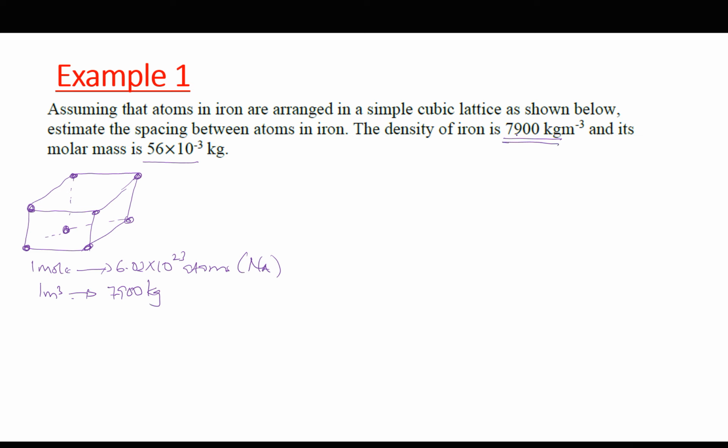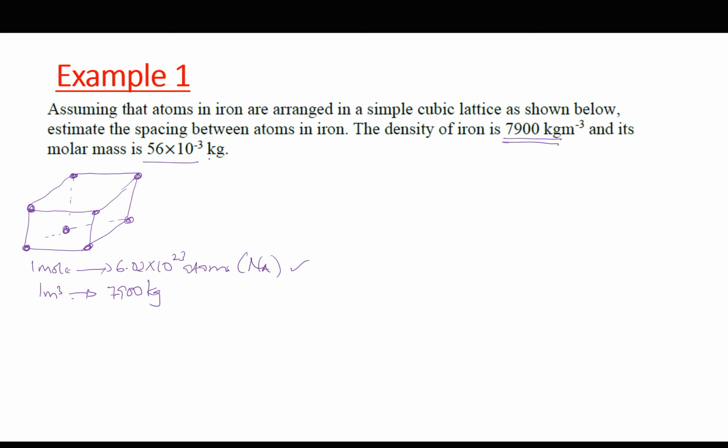A density of 7,900 kilograms per meter cubed means that in a volume of 1 meter cubed, the mass of iron is 7,900 kilograms. Remember that 1 mole has this number of atoms, but the molar mass is 56 times 10 power negative 3 kilograms.